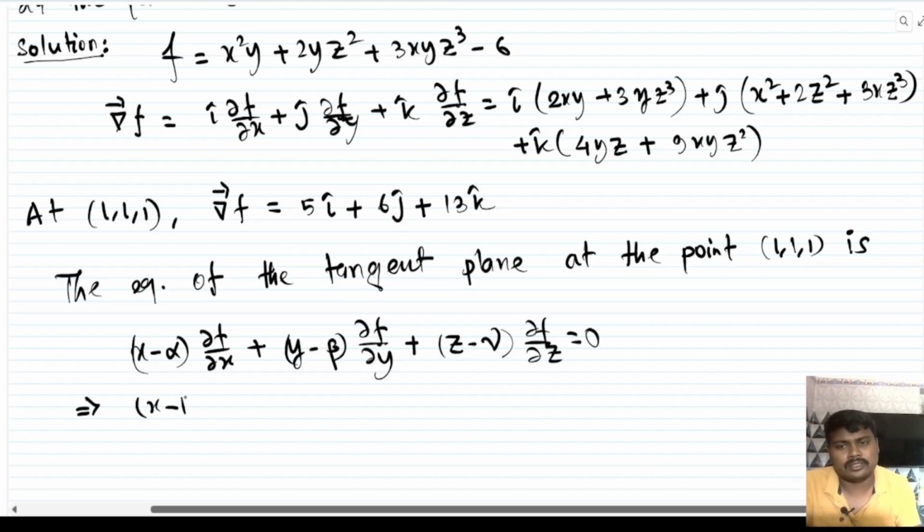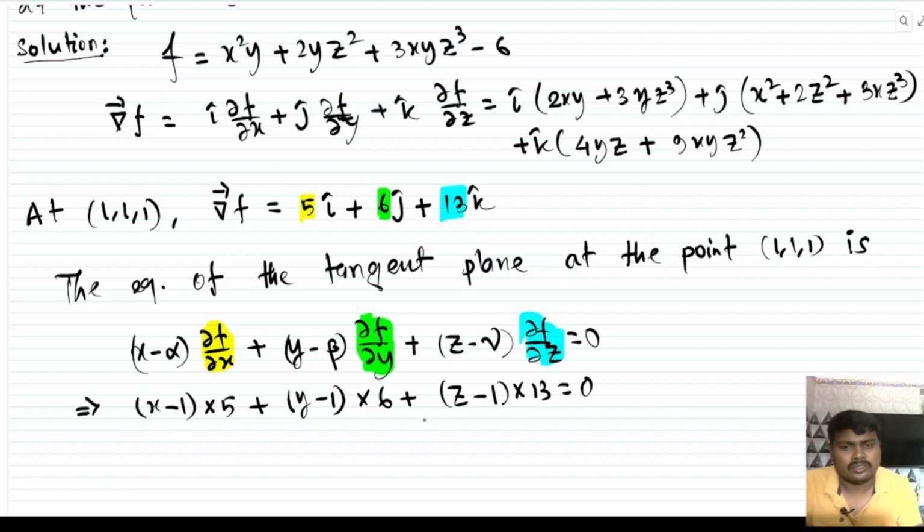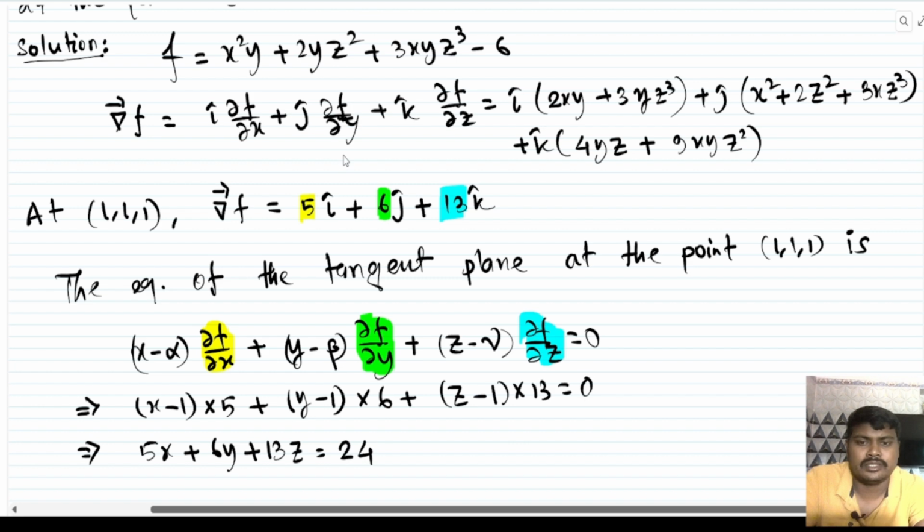This implies (x − 1) times 5, since ∂f/∂x is 5, ∂f/∂y is 6, and ∂f/∂z is 13. Therefore (x − 1)·5 + (y − 1)·6 + (z − 1)·13 = 0. After simplifying, we obtain the equation of the tangent plane as 5x + 6y + 13z = 5 + 6 = 11, 11 + 13 = 24. So this is the required equation of the tangent plane.